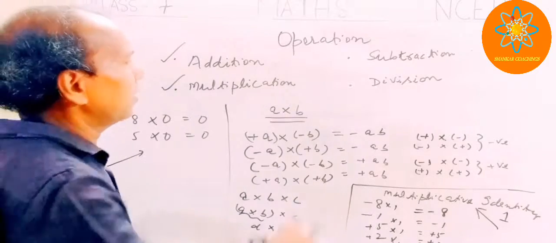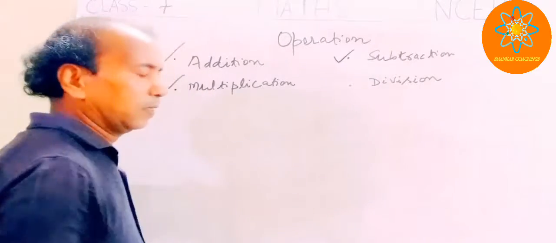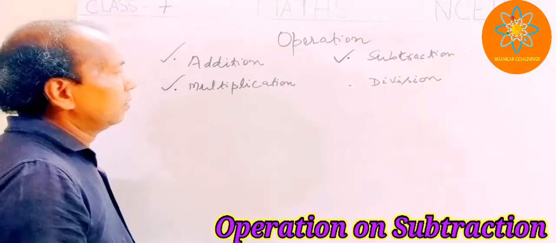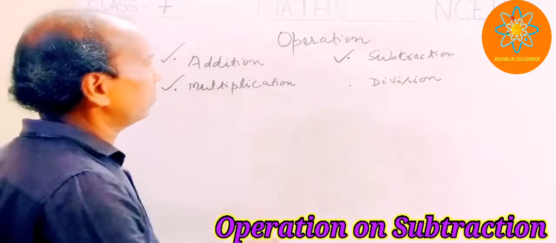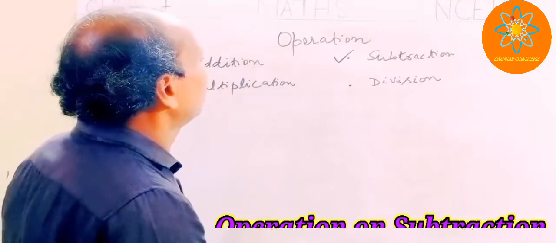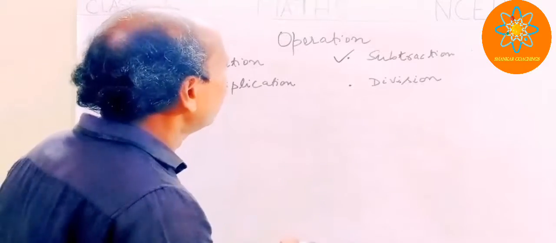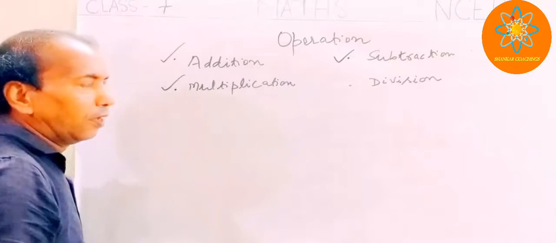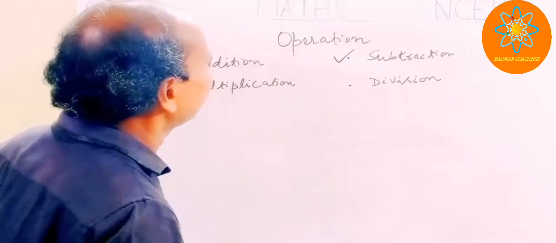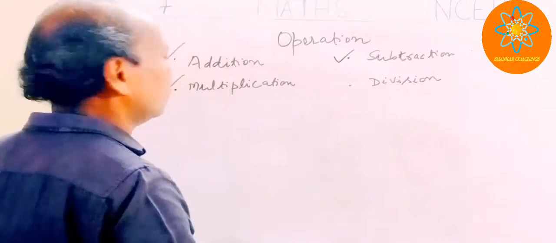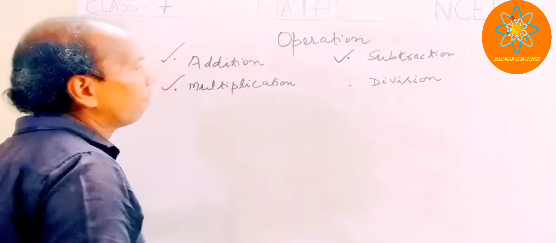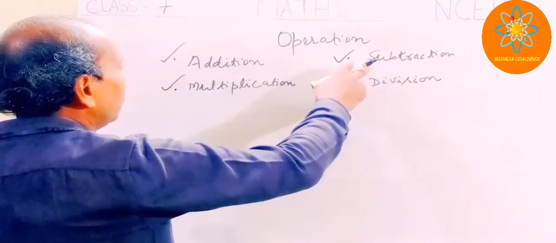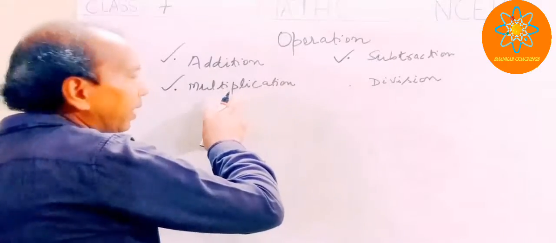Next we will discuss subtraction. Whenever two integers are given, for the subtraction we put a negative sign in between them, and after that we use the theory of multiplication.